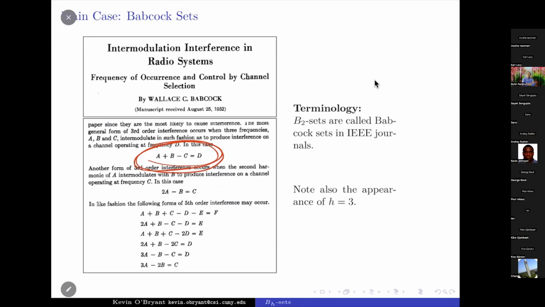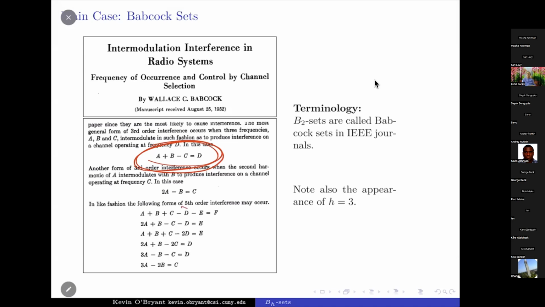He misses some that are better. And up until the 70s, judging from the IEEE literature, his 10-element B2 sets are being hard-coded into satellites, even though they're not close to optimal. So people actually care about these things in a practical sense.